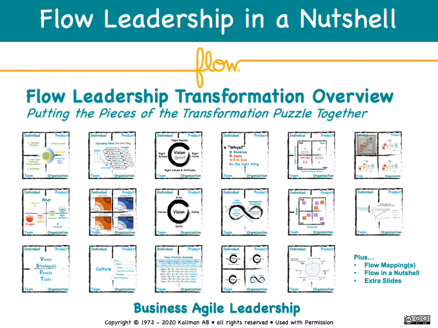And you cannot scale agile or do any kind of transformation without keeping all of these areas in mind. So they go hand in hand. It's not an either or, it's a both and.